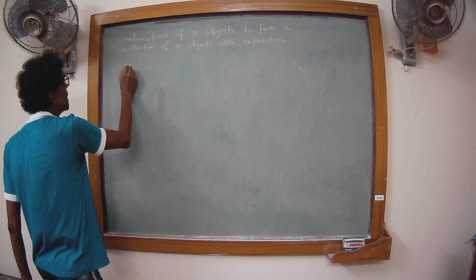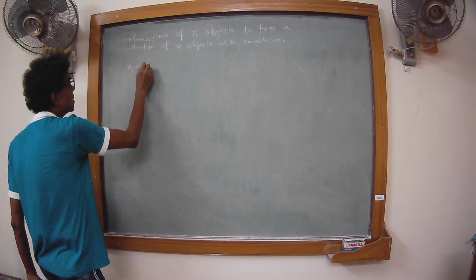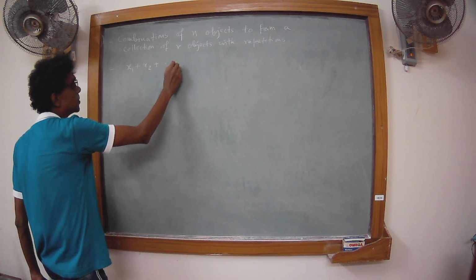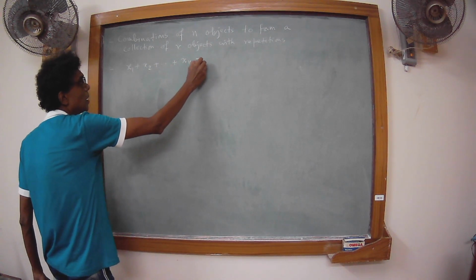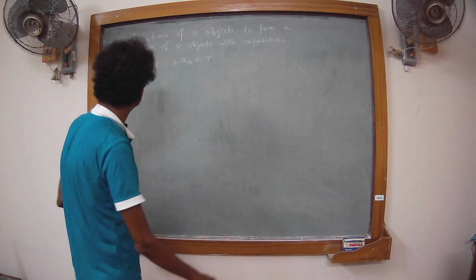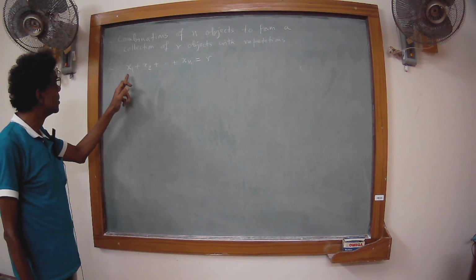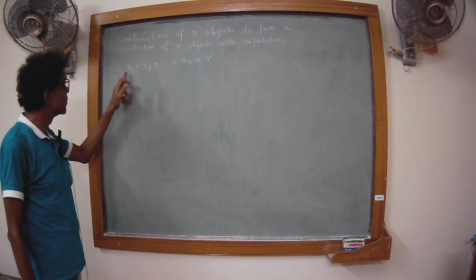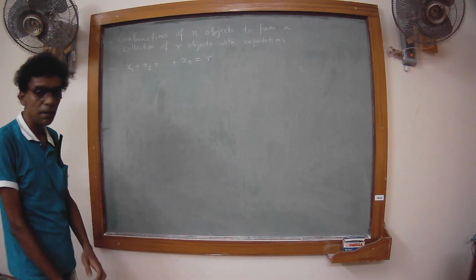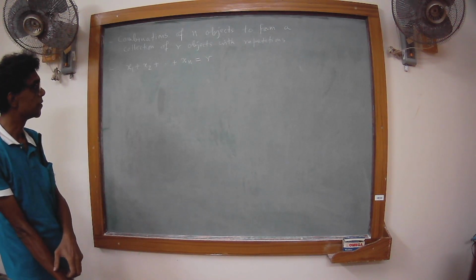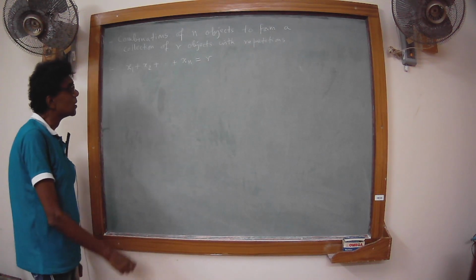And at the same time, if I talk about this linear equation, then the number of solutions in non-negative integer values of x1, x2 up to xn, they add up to R, once again a non-negative integer.